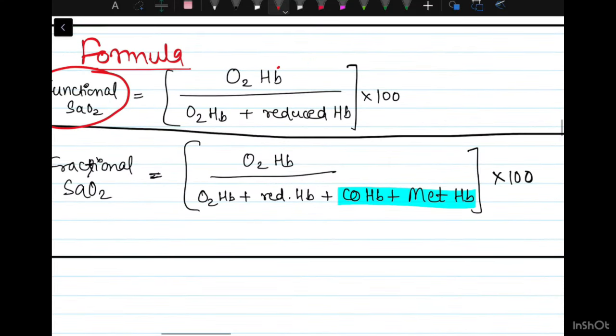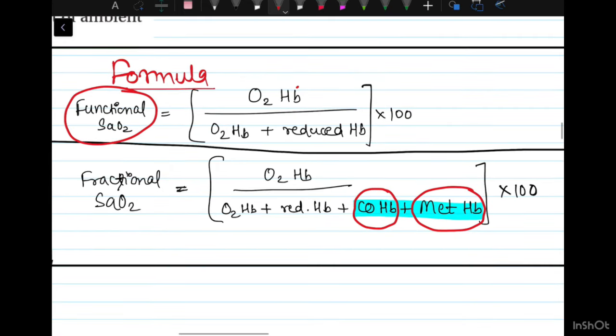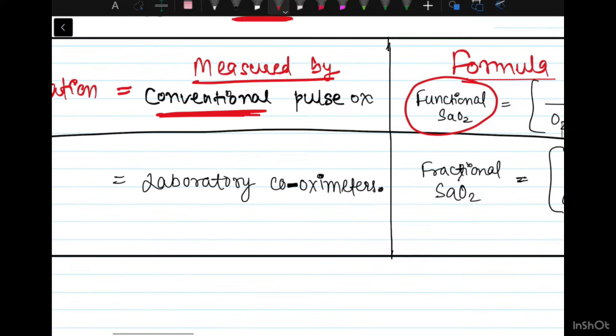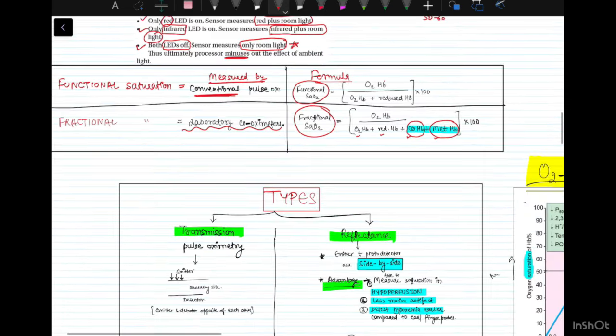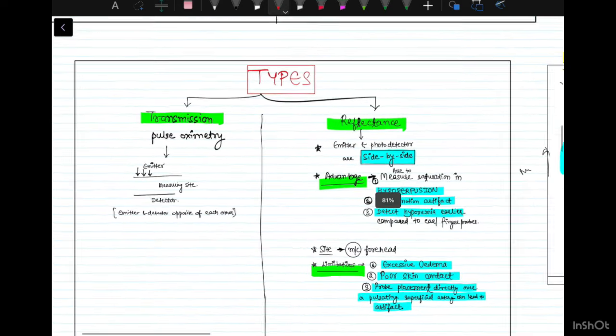But suppose we want to check whether there's a component of other hemoglobins like carboxyhemoglobin or methemoglobin. So the total hemoglobin will be the combination of oxyhemoglobin, deoxyhemoglobin, carboxy and methemoglobin. To calculate this, there are laboratory co-oximeters and this will be known as the fractional SaO2, which is regularly not done.